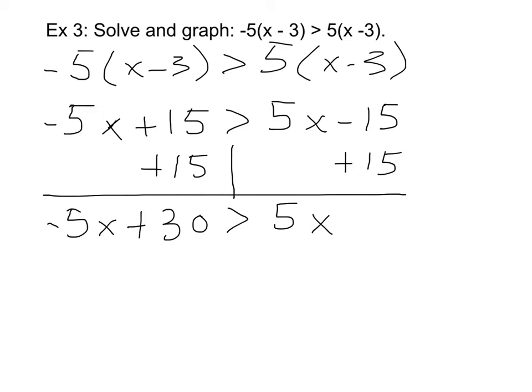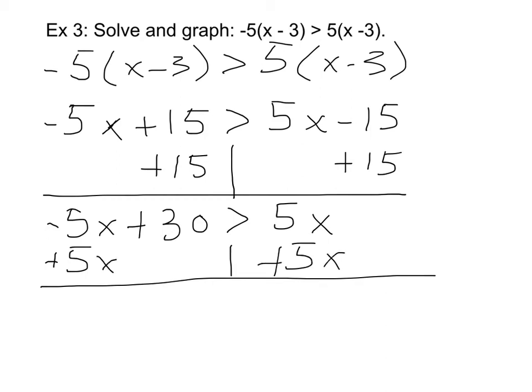So now that we have just 30 on the left-hand side with no variable, what we want to do is get that negative 5x over to the right-hand side. We want to get the x over to the other side. So a negative 5x indicates the opposite is going to be plus 5x. If we add 5x to both sides, notice negative 5x plus 5x, those cancel each other out.